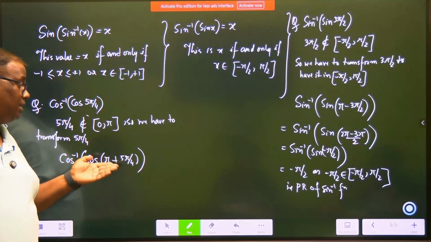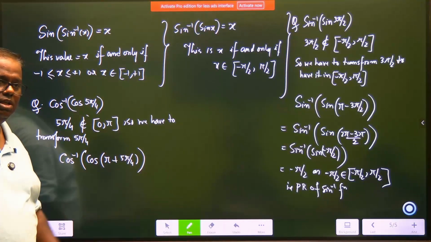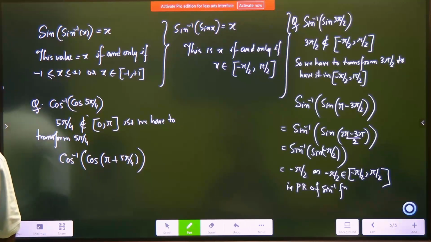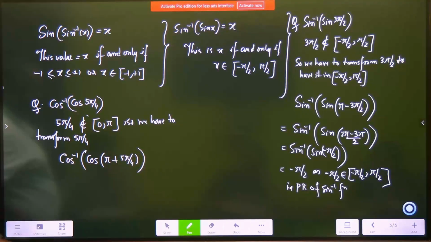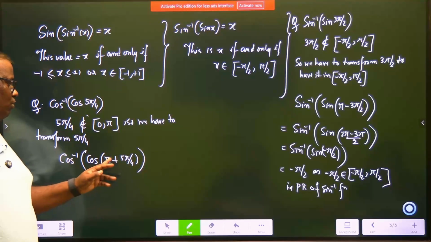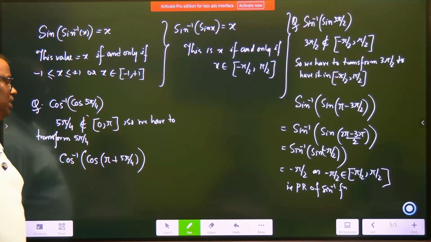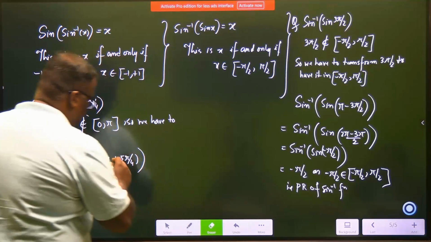Pi plus means you are in the third quadrant. If you are in the third quadrant, then your function will become negative. Can we then make it pi minus? This will not work.